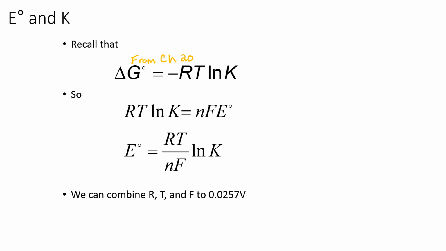And from the previous slide in this PowerPoint, we learned that our delta G is equal to negative NF E naught. Well, if delta G is equal to both of these things, then negative RT ln of K is equal to negative NF E naught, and we can make both sides positive.